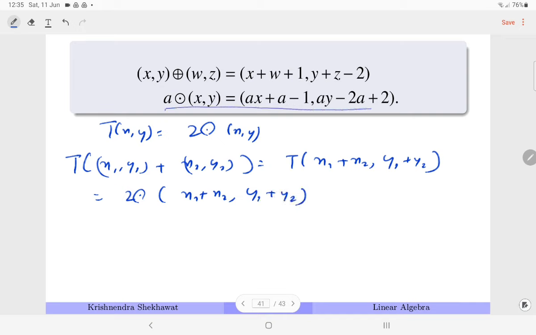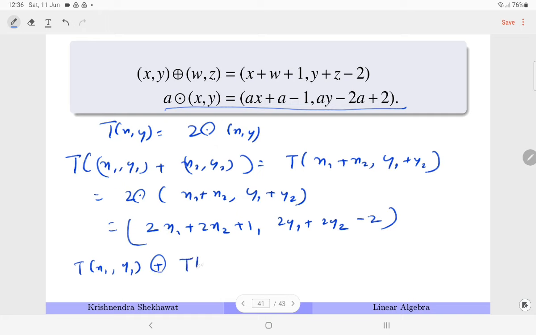And now we have to use the given information, so this becomes 2x1 + 2x2 + 2 - 1, which is 1. The next one is 2y1 + 2y2 - 4 + 2, which is -2. Similarly, you must compute the right hand side, which is T(x1,y1) + T(x2,y2). Now this plus is important.